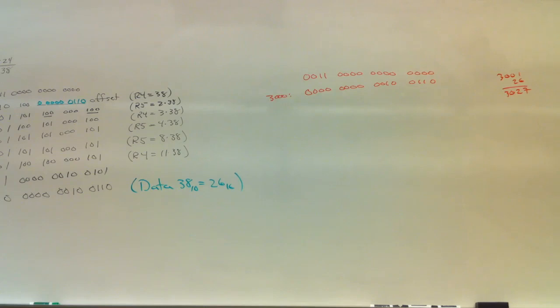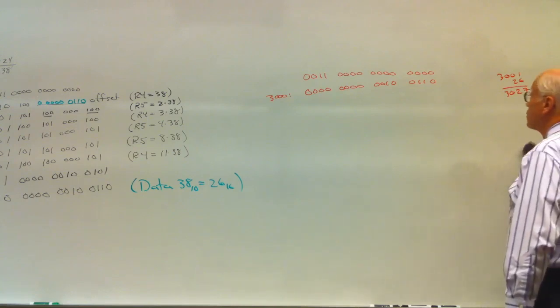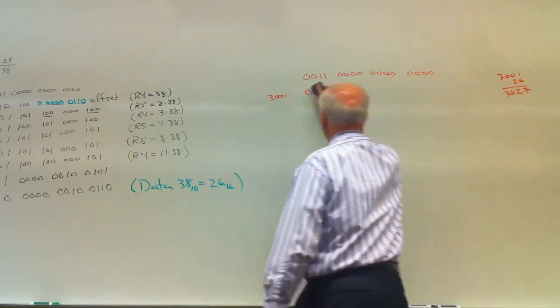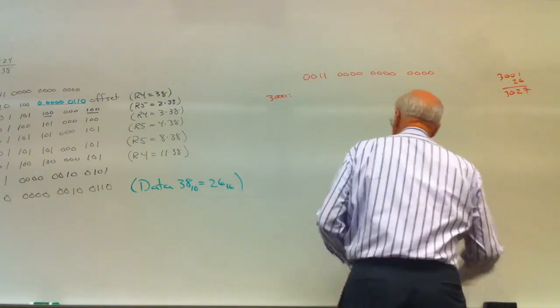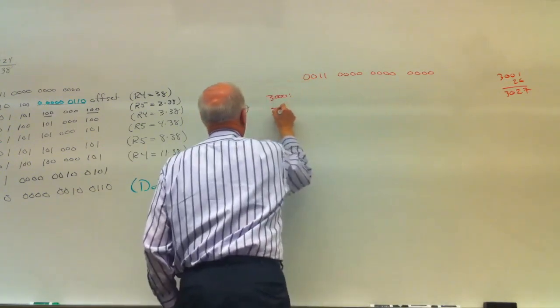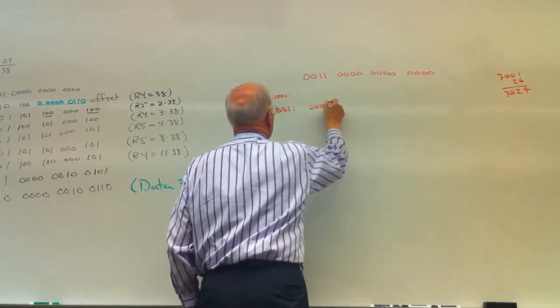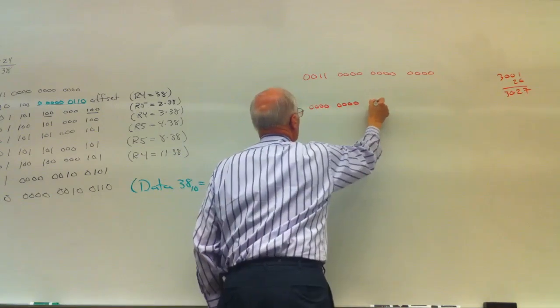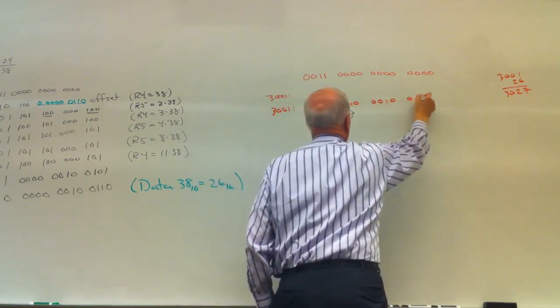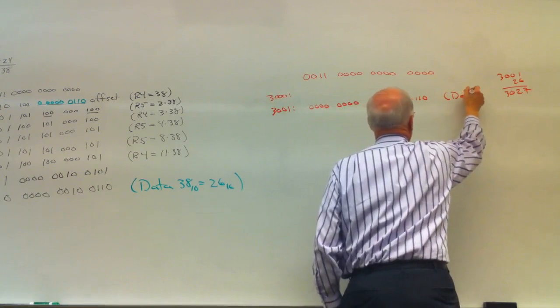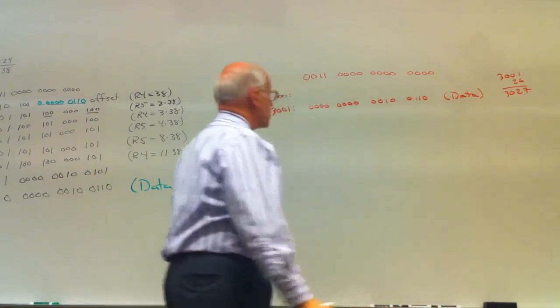So the point is that I've got to figure out a way to not encounter that data as an instruction. What I'm going to do is insert an instruction before this one, and I'm going to put my data here, at 3001.